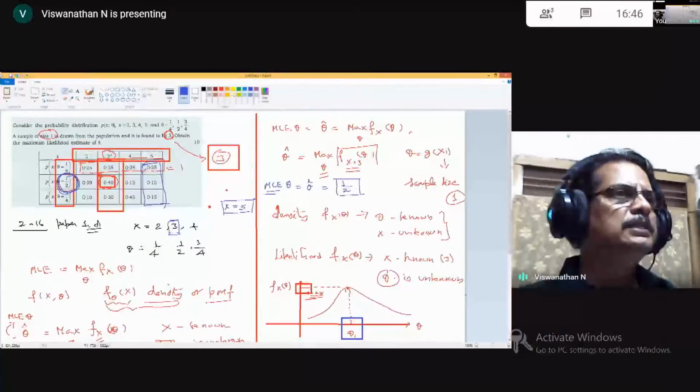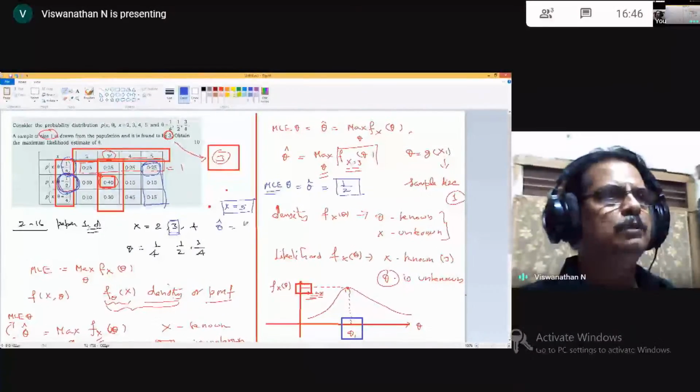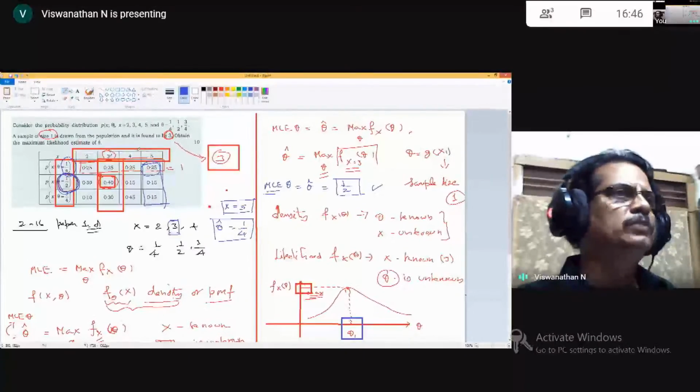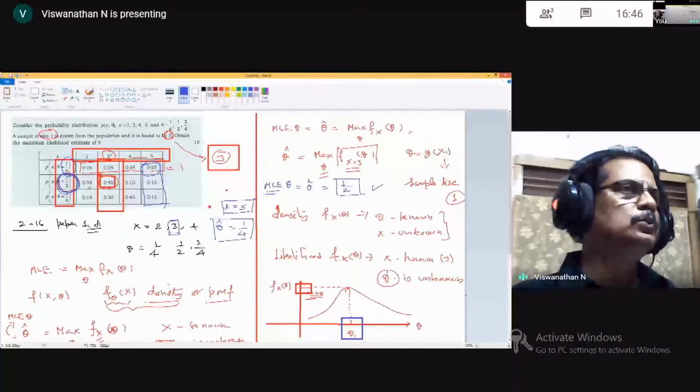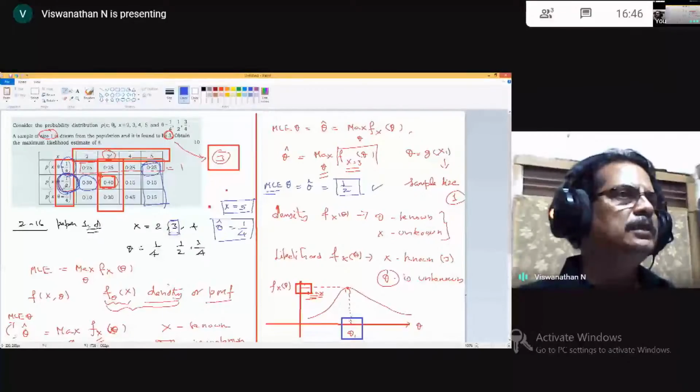This maximum is attained at theta equal to 1 by 4, so in that case my theta hat MLE is 1 by 4. Here, since it is 3, it is 1 by 2; when it is 5, it is 1 by 4. Similarly, when x is equal to 2, the maximum value is 0.3 and the corresponding theta is 1 by 2.